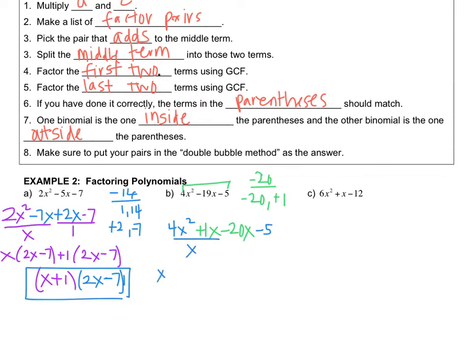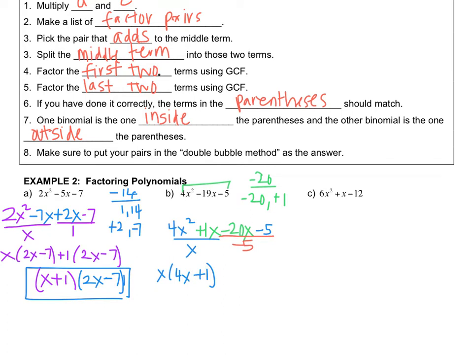So I get x times 4x plus 1. And then the second GCF is negative 5. If this first term in the second half is a negative sign, you have to factor out a negative coefficient. If you don't factor out a negative factor, then the binomials won't match.